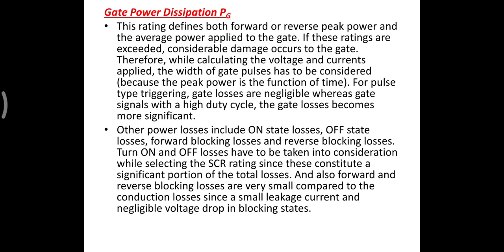For pulse type triggering, gate losses are negligible, whereas for gate signals with high duty cycle, the gate losses become more significant. Other power losses during turn on and turn off also come under gate power dissipation.